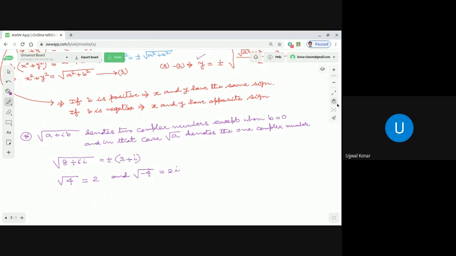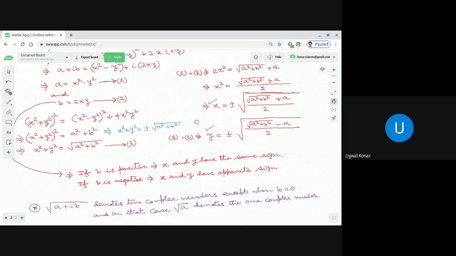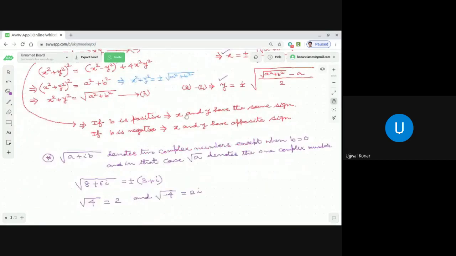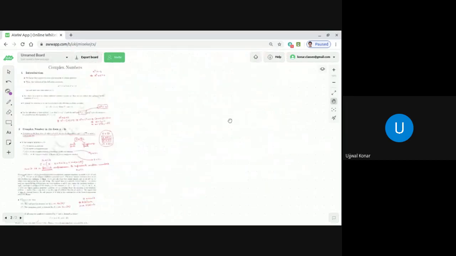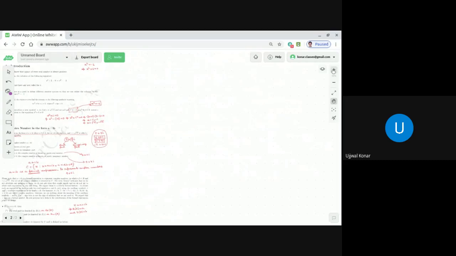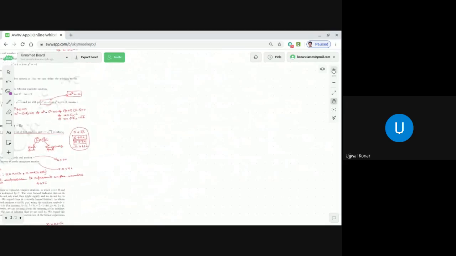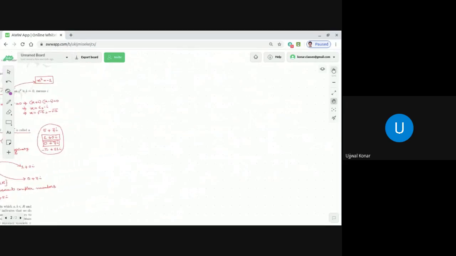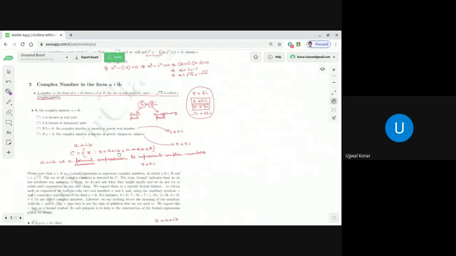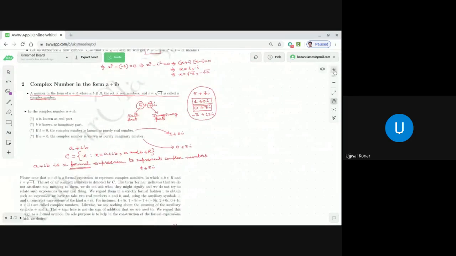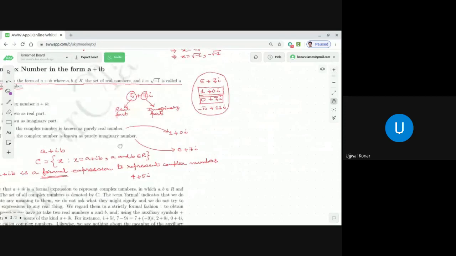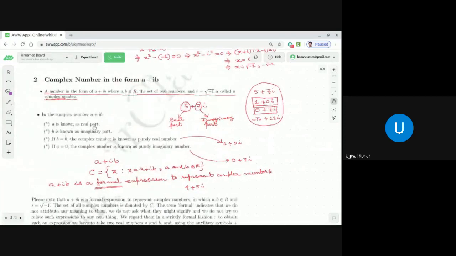If you recall what you learned, a complex number is in the form of a plus ib. Let me go to the previous one. You see, a complex number is in the form of a plus ib, where a is known as the real part. If you recall, the number 1 we also represented in the form of 1 plus 0 into i.